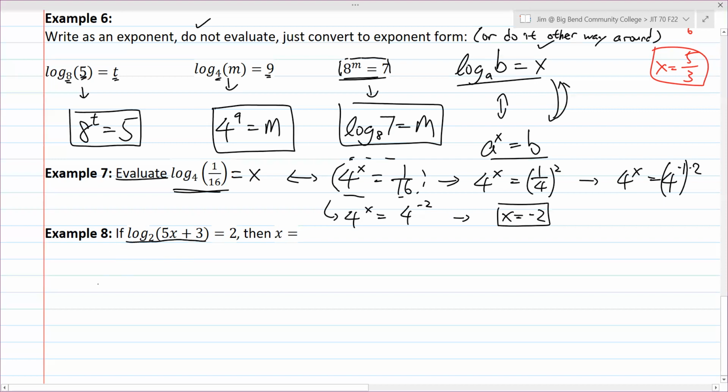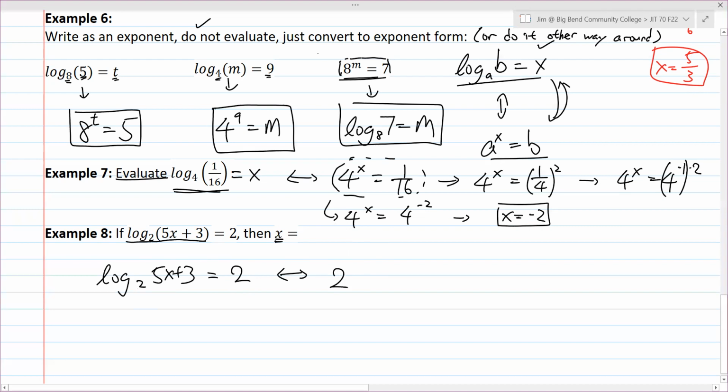Now we have another challenge question. Right, so we have the log base 2 of 5x plus 3 equals to 2. All right. So, sometimes the value of x can be confusing, but because the x here is not exactly the power of the exponent, you have to sometimes deal with the symbols differently.